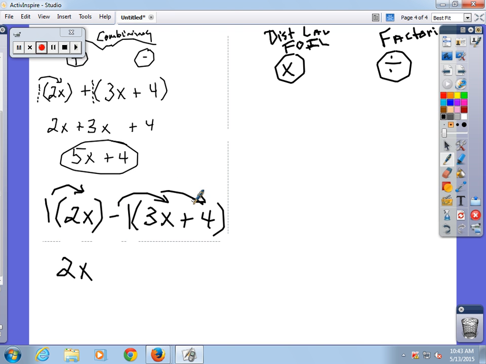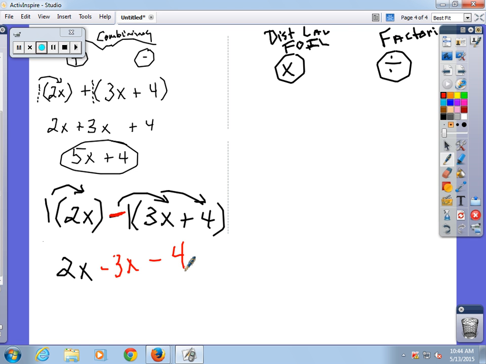What do I distribute here? A negative 1. Is that important? Yes, very important. So you take your handy dandy highlighter and highlight this guy right here, because he's going to make life rough for you if you don't recognize him. That's going to make a negative 3x, minus 4.